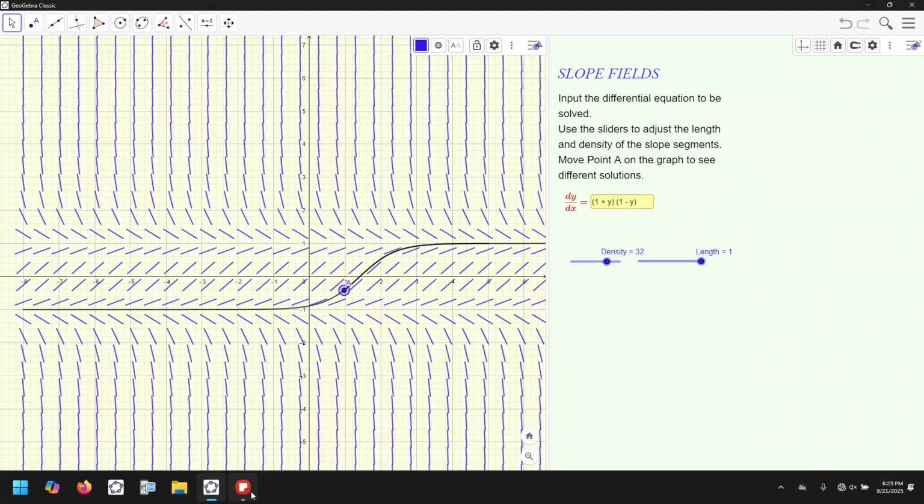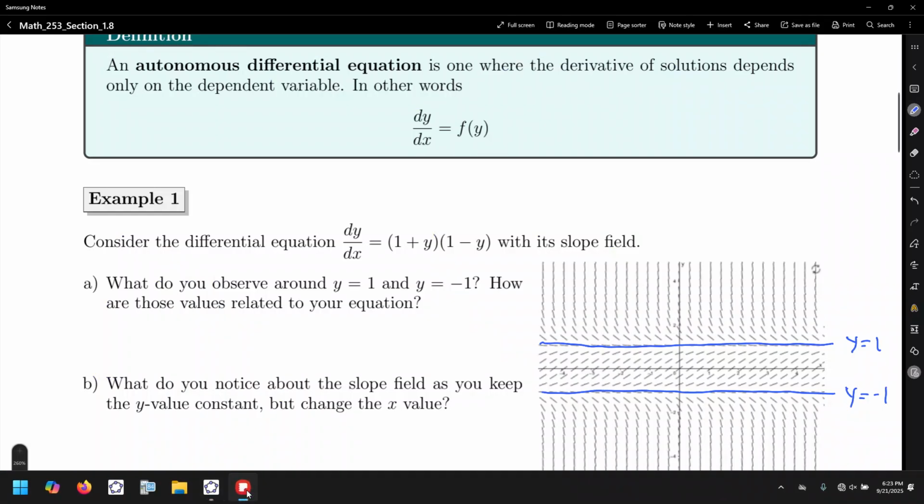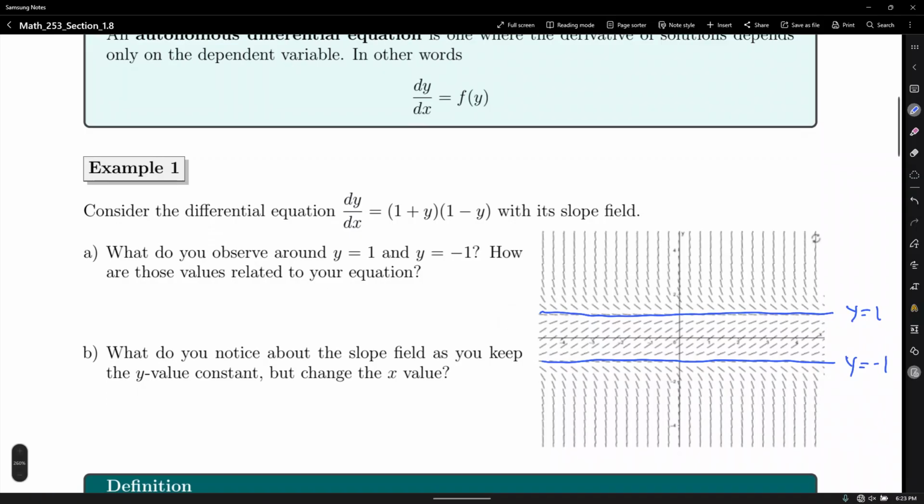Okay, let's go back to the notes and see what this is about. What do we observe around y equals 1 and y equals -1? Number one, because this is a slope field, all these lines represent the slope. Horizontal lines represent a slope equal to 0.